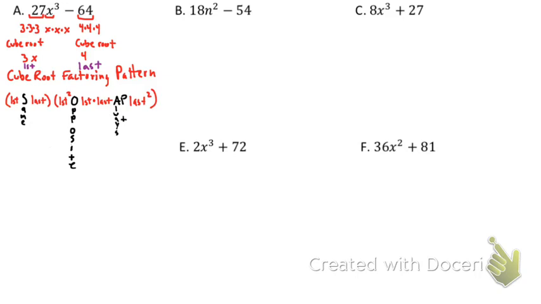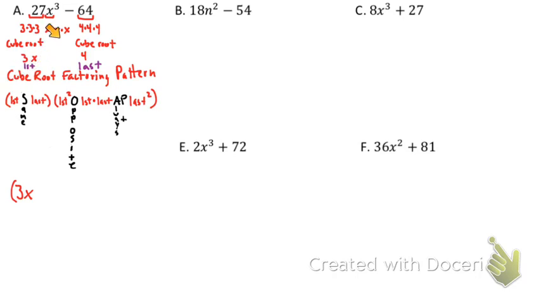Okay? So saying that, let's go ahead and factor example A. Simply what we're going to do is take our first cube root, which is 3x, and it's going to go in this spot. So we have (3x), and then we go to the same sign.